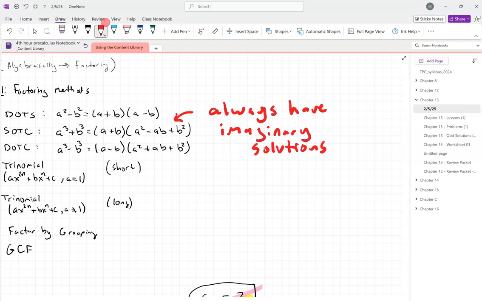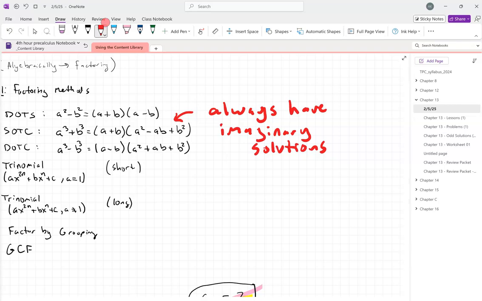And because of the way we've structured our flow chart, because we're always checking the difference of 2 squares before looking for our difference of 2 cubes, we'll always have a situation where there's not another unfactorable trinomial mixed together with it. So we don't have to worry about it.